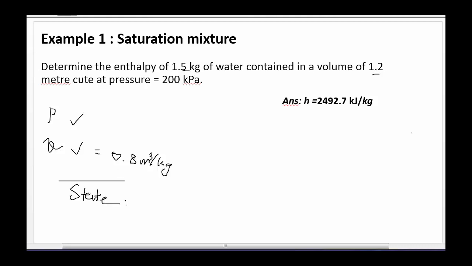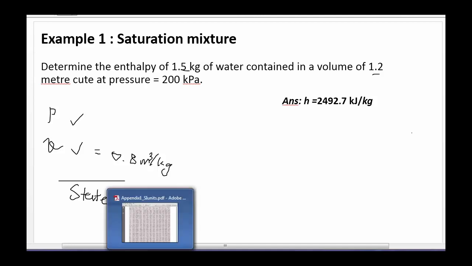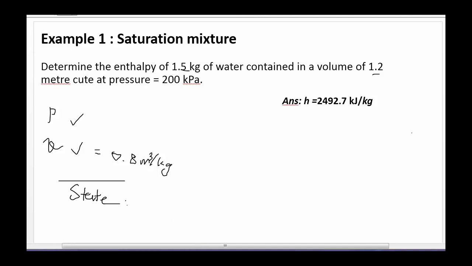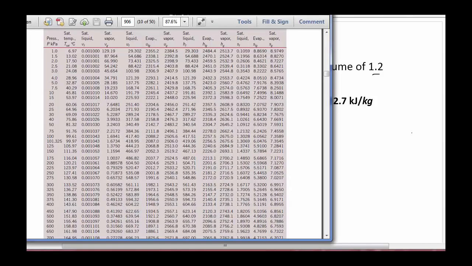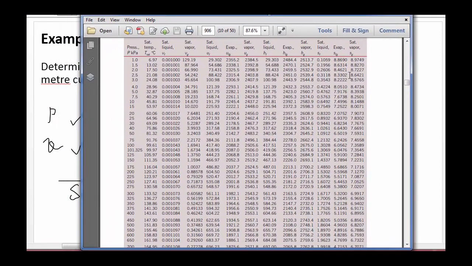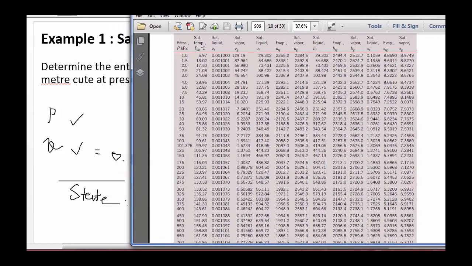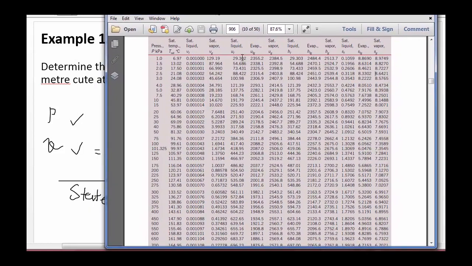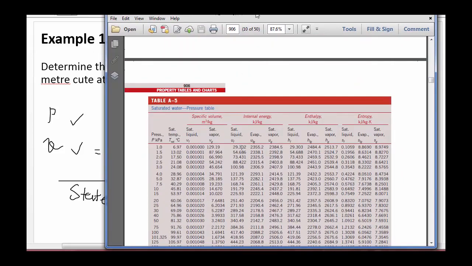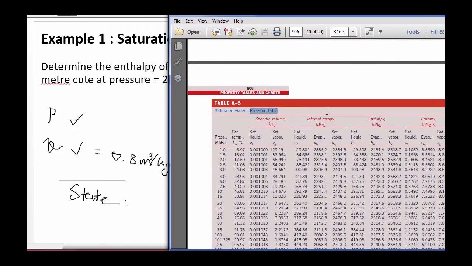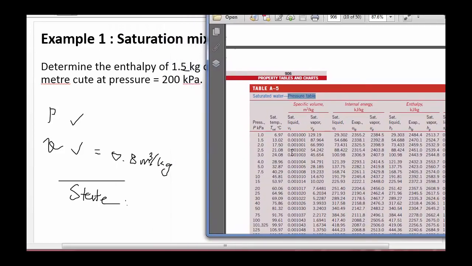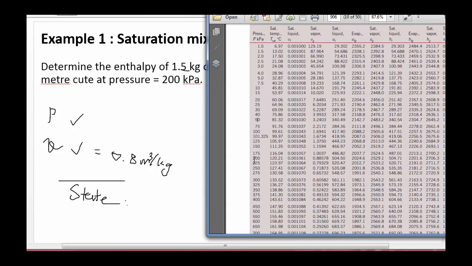But is it compressed liquid or saturated mixture or superheated vapor? Don't worry, let us go to the table. So at this moment you will open your table. Don't worry, I will provide the link in the description below. So you go to table A5 first. Because pressure is given, you go to the pressure table and go to 200 kilopascal, as the question says.